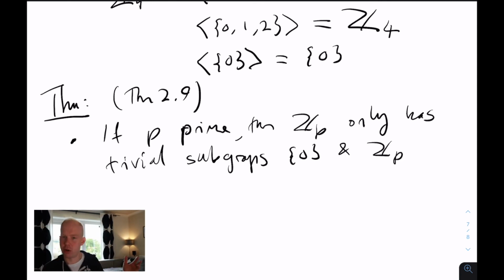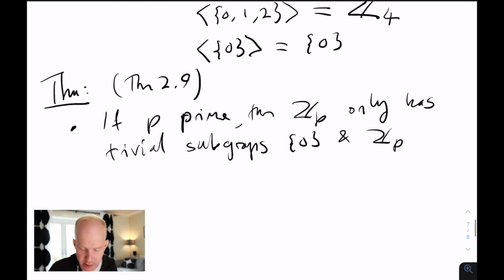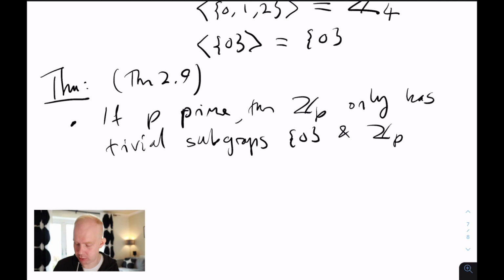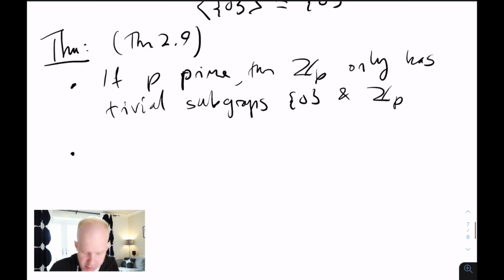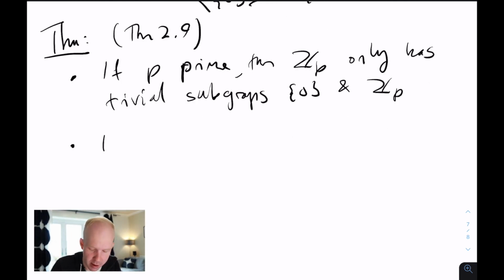So there's actually no other subgroups. There's only these two trivial ones in the prime number case. That's because of the divisibility properties. You could try to look at it yourself if you want. It's not examinable in this course, but it's an interesting application of basic modular arithmetic.